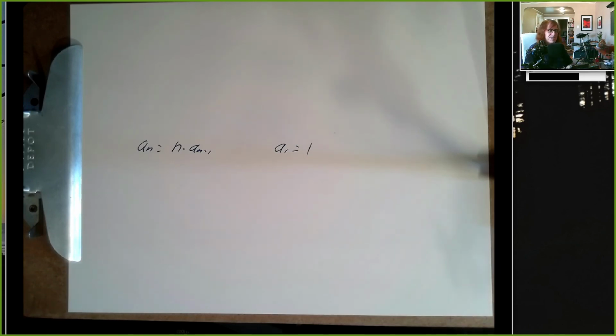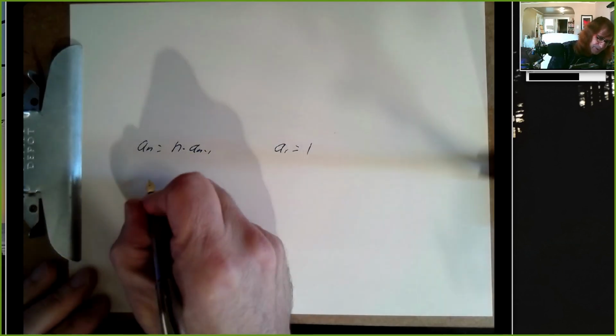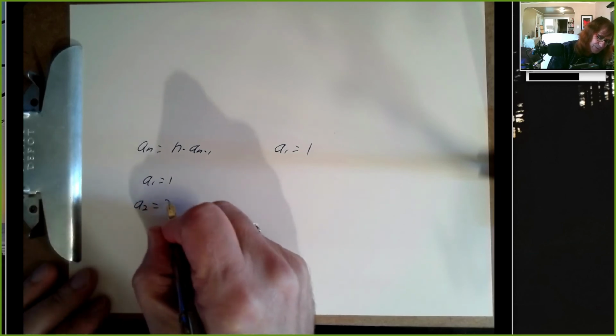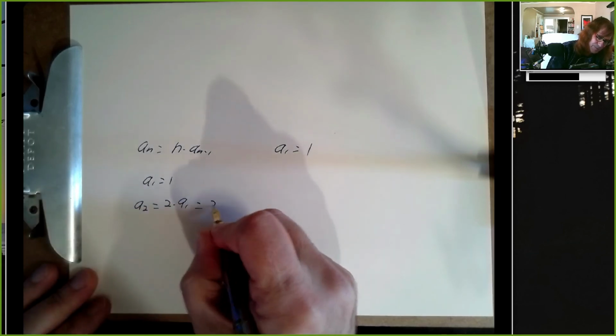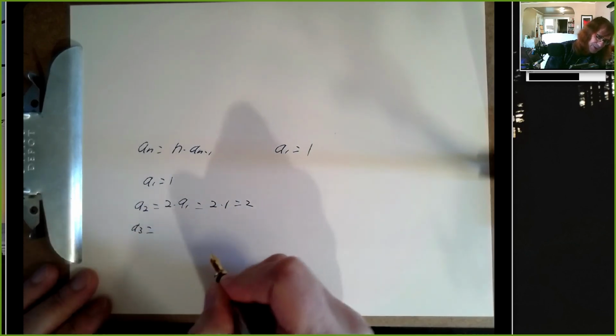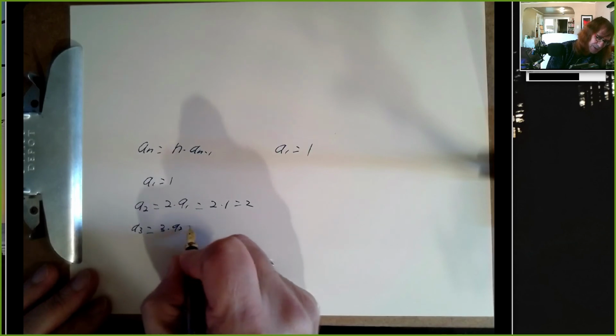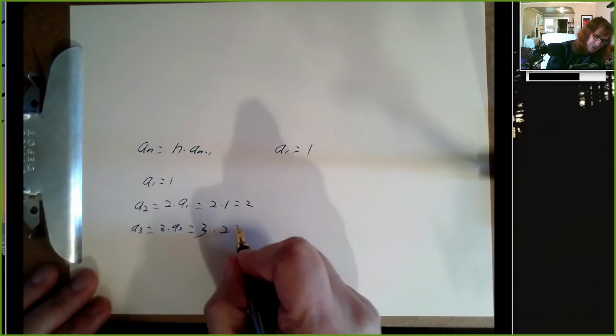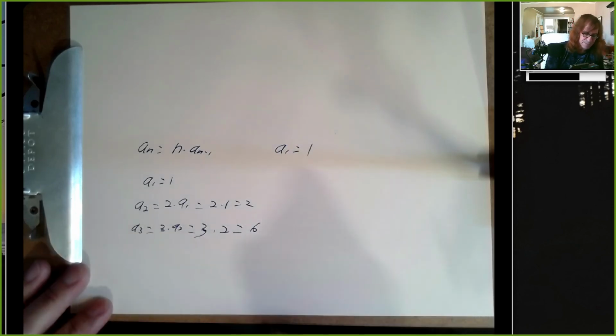All right, we got some answers coming in saying factorials, and that's exactly right. So a1 is equal to 1. If n is equal to 2, a2 would be 2 times a1. 2 times 1 is 2. a3 would be 3 times a2, which is 3 times 2, which is 6.